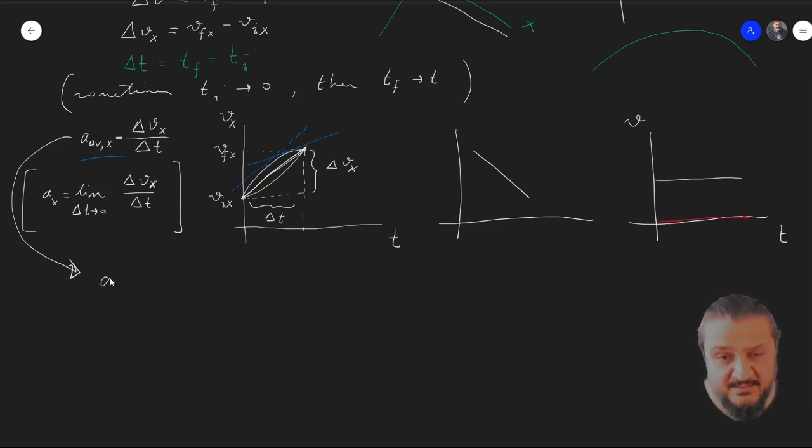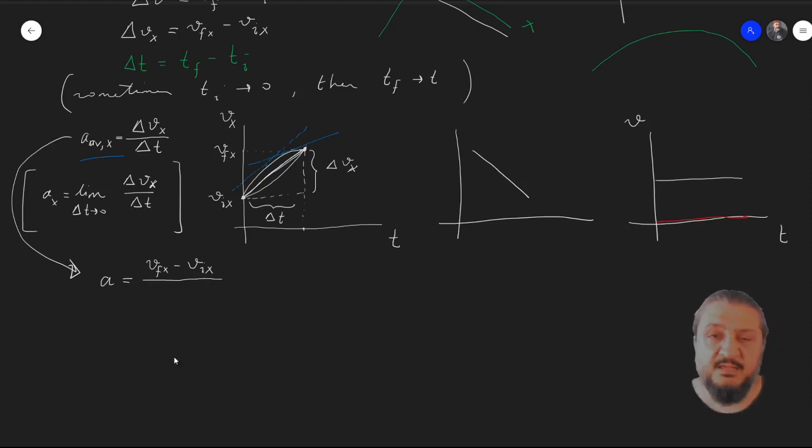So just A is equal to delta Vx, which is V final x minus V initial x divided by delta t, and I'm going to use the convention I just suggested. Let's say we start our stopwatch when we start moving, or let's say ti is 0 simply, so this is just t.